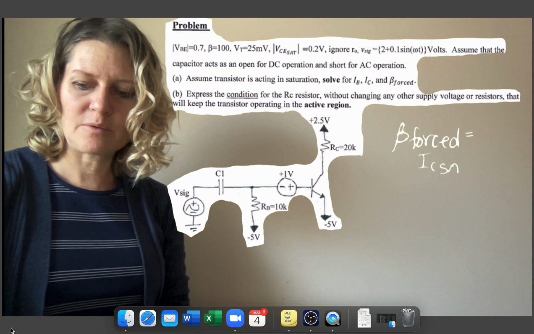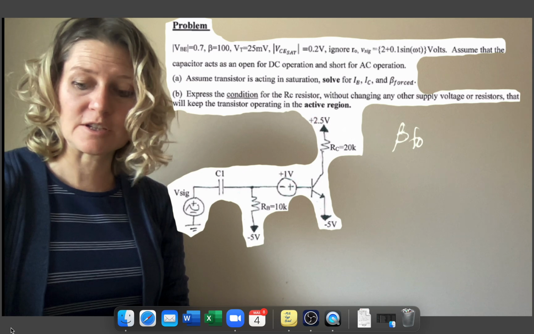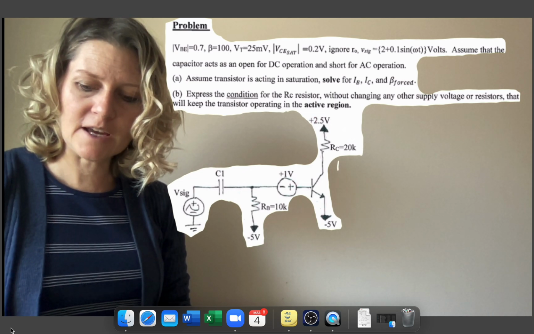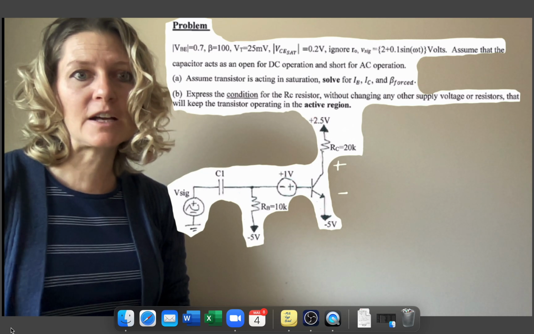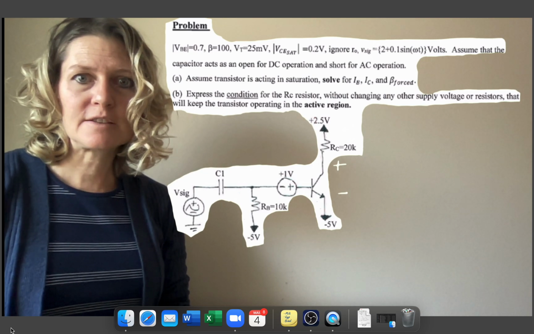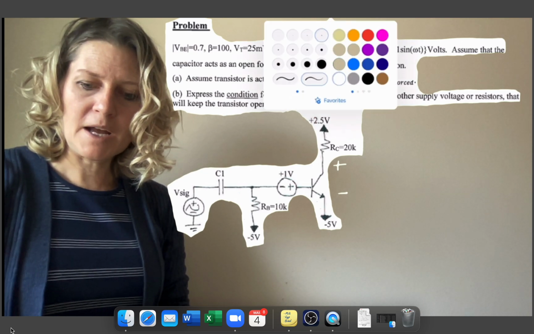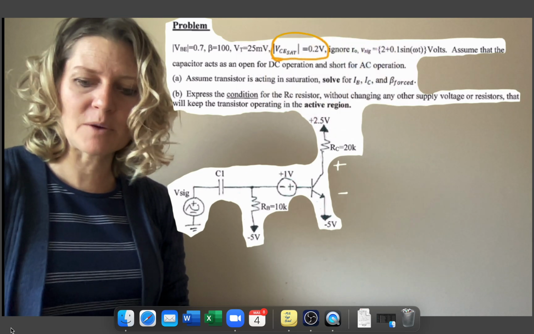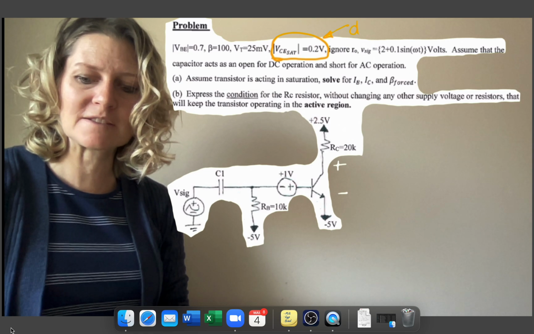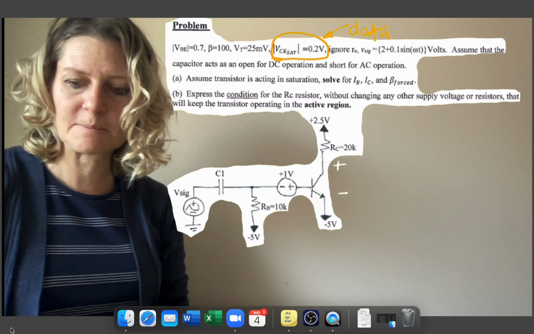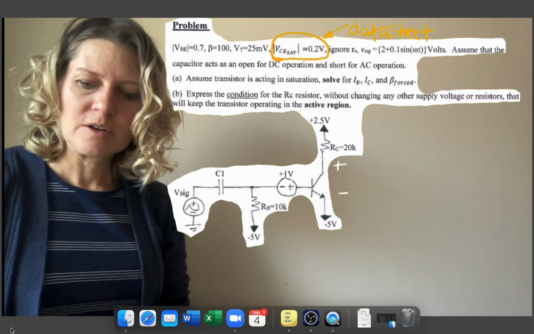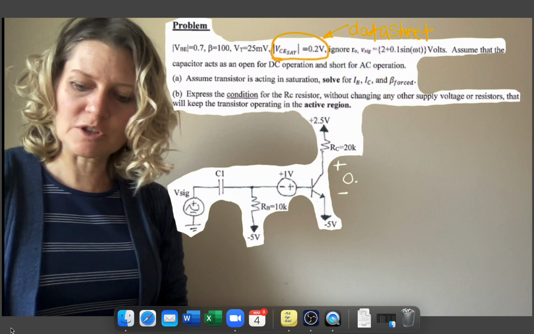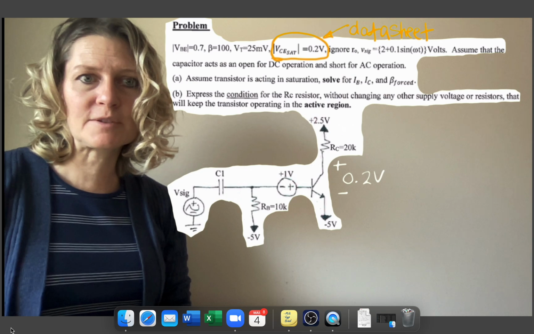To do that, we're going to assume saturation conditions, which means the voltage drop between the collector and emitter is given by the value VCE sat, and again, this is from a data sheet. So for this condition, you're going to set that voltage at 0.2 volts.